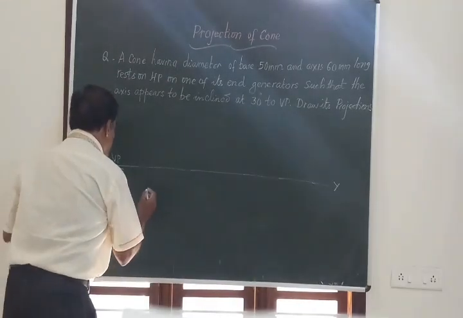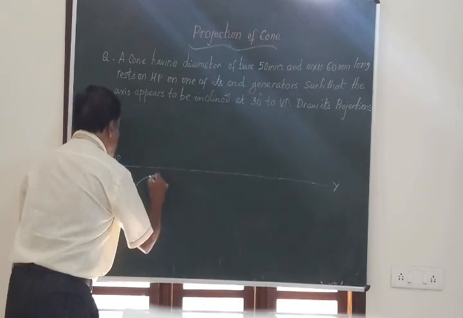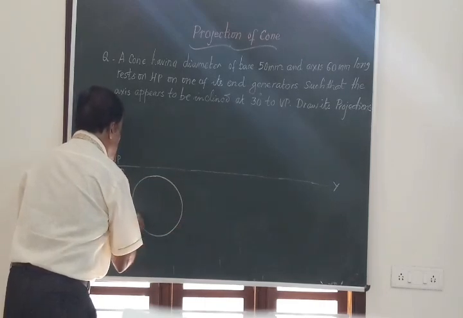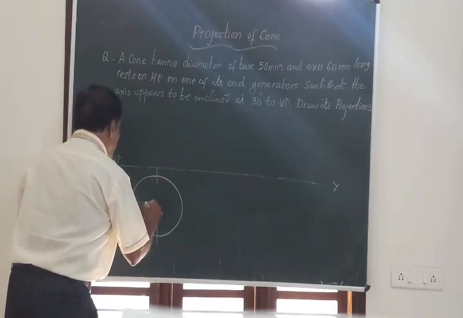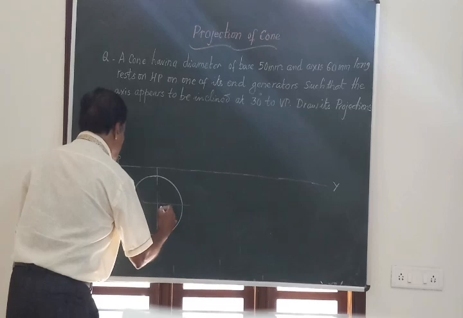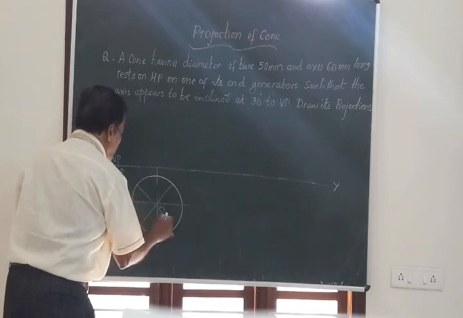So we will have a circle of diameter 50 mm. Mark the center O. Divide the circle into 8 equal parts, as we have done in the first problem.